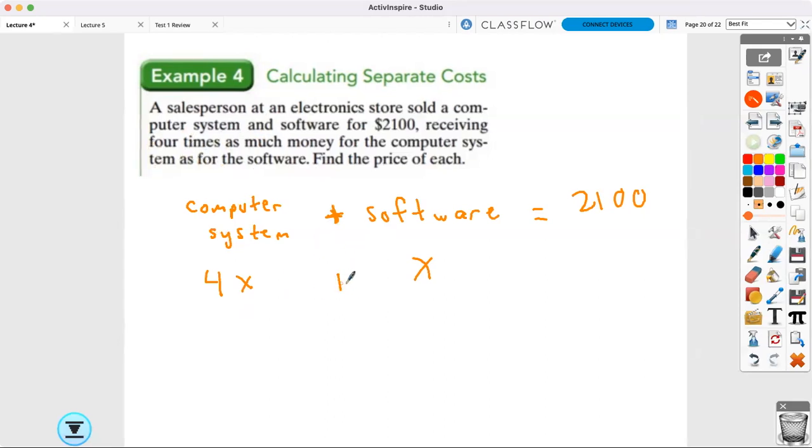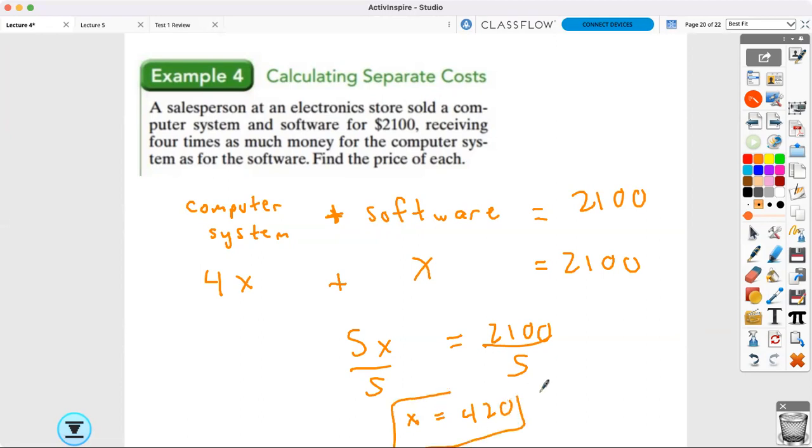So then we're adding it, and now it's an algebraic equation. 4x plus x is 5x equals 2,100. Divide both sides by 5. Then 2,100 divided by 5 gives x equals 420, and we're done.